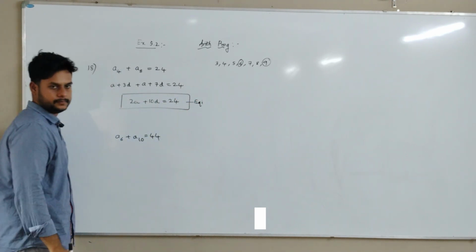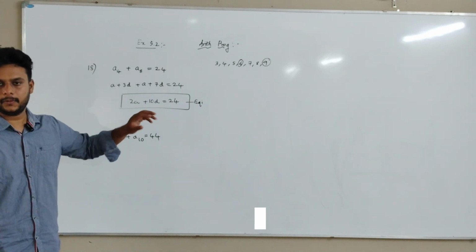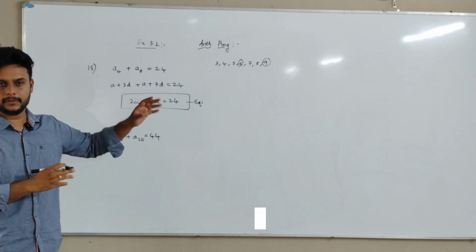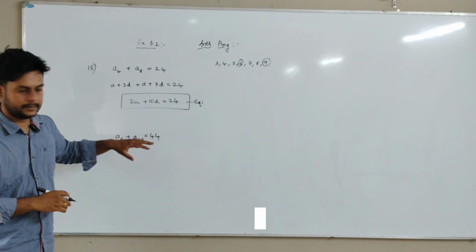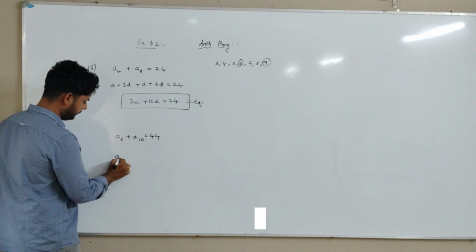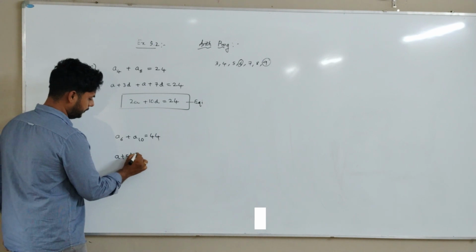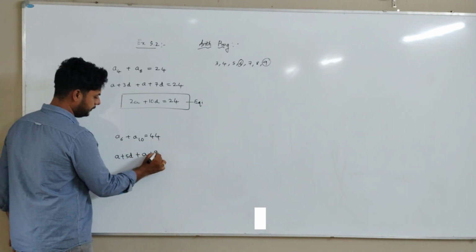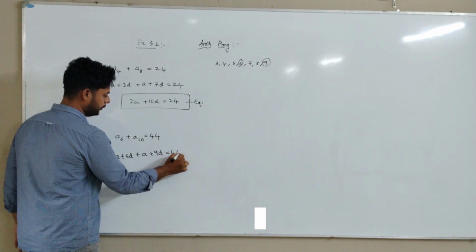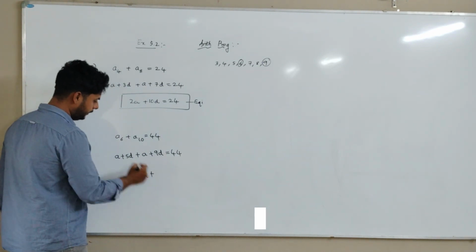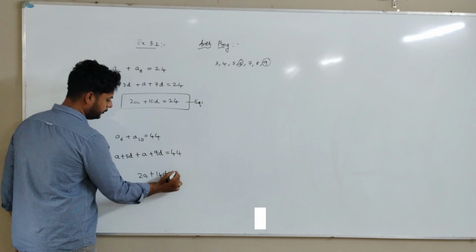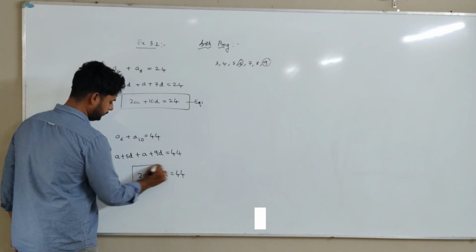Understood? Out of the question only I wrote this, nothing from outside. Whatever the question is, if you understand it properly, the answer is there. Next, A6 means A plus 5D, plus A10, A plus 9D, is equal to 44. A plus A is 2A, 5D plus 9D is 14D, equal to 44. Equation 2.